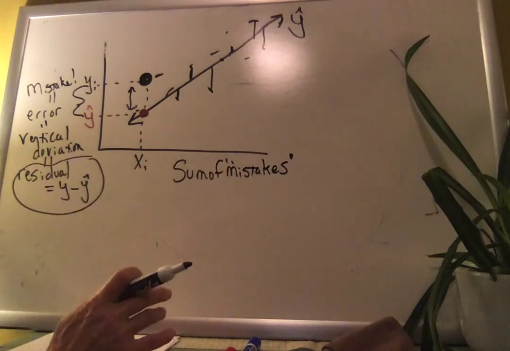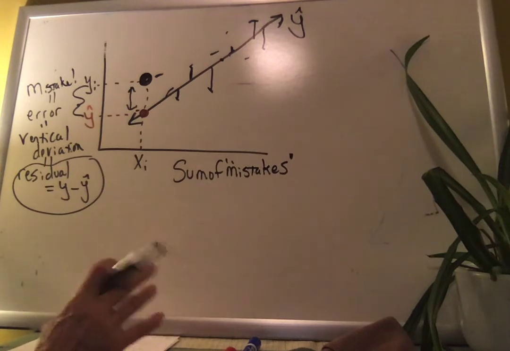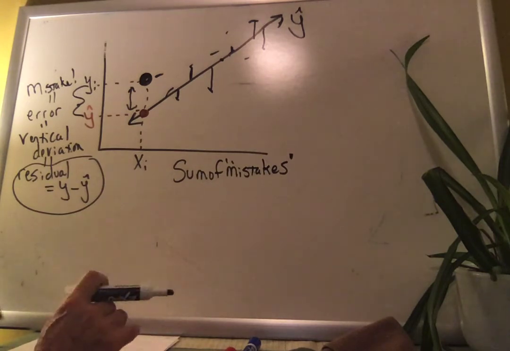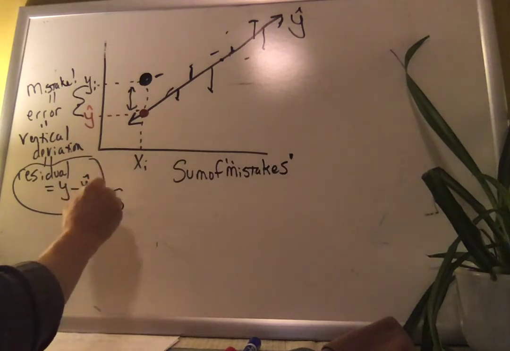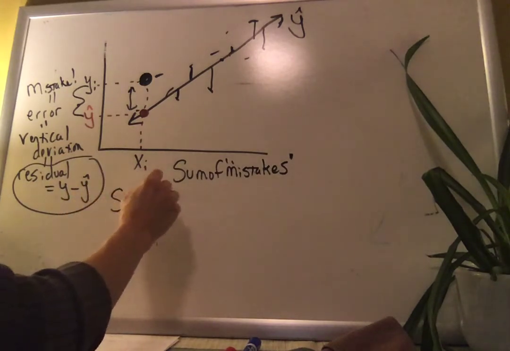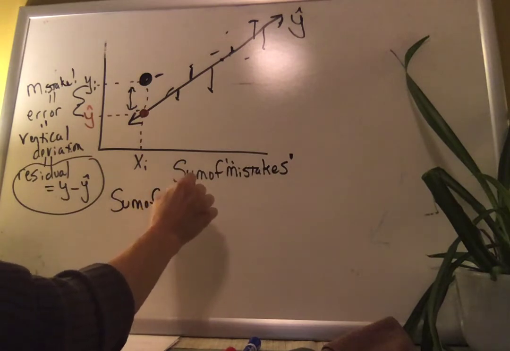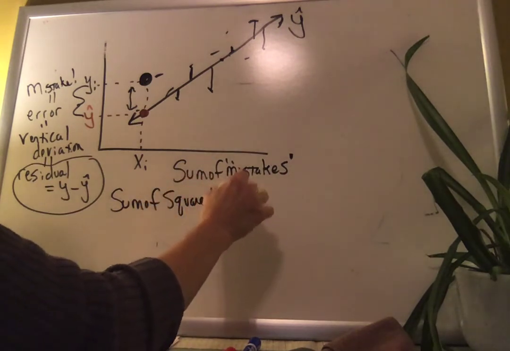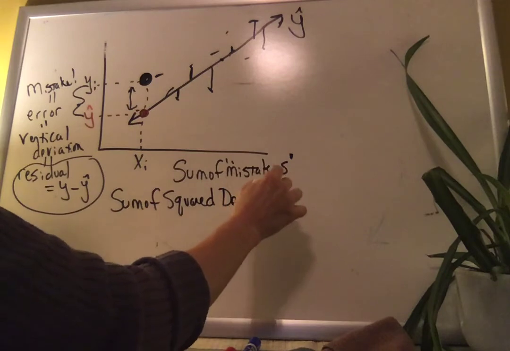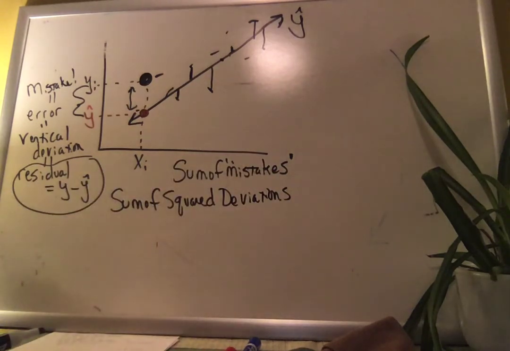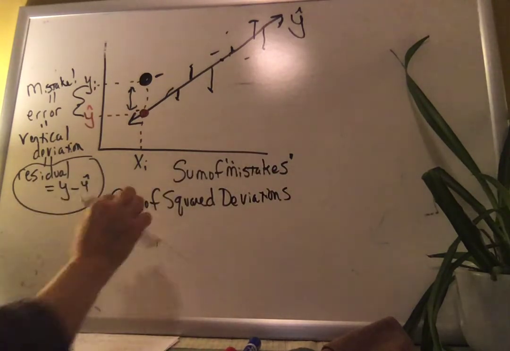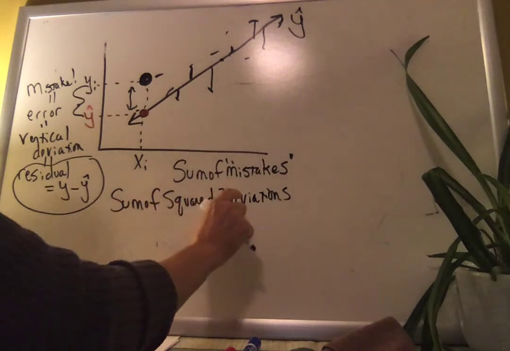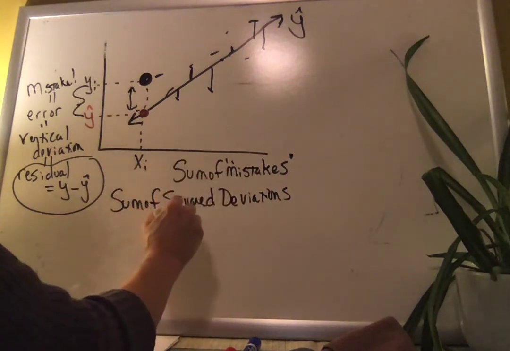We saw the same thing when we were talking about standard deviation. I don't know if you remember back then, but we love to square things. There's this real fancy, and this is probably why people don't like mathematics, because we talk all formally: sum of squared deviations.